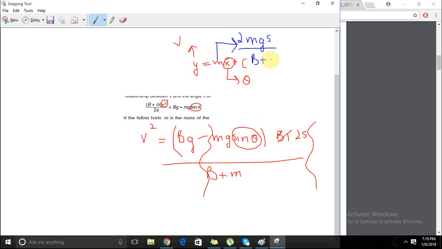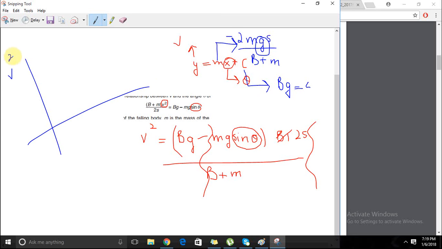And don't forget the minus over here, so the gradient would actually be equivalent to minus this. Actually equate the gradient which you would have gotten, you put in the value of m, the value of s, the value of b, the value of m, you'd automatically get the value of g you want. And if the graph is a straight line graph, because we have v squared over here and sine theta over there, and it has an intercept that is zero, then whatever relationship they've given is completely valid.